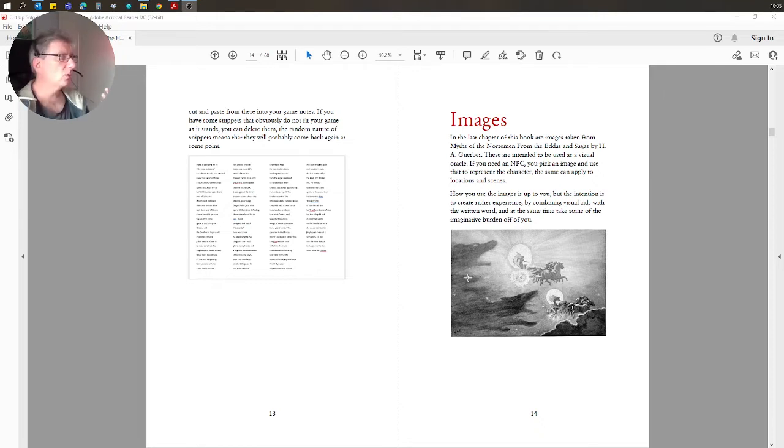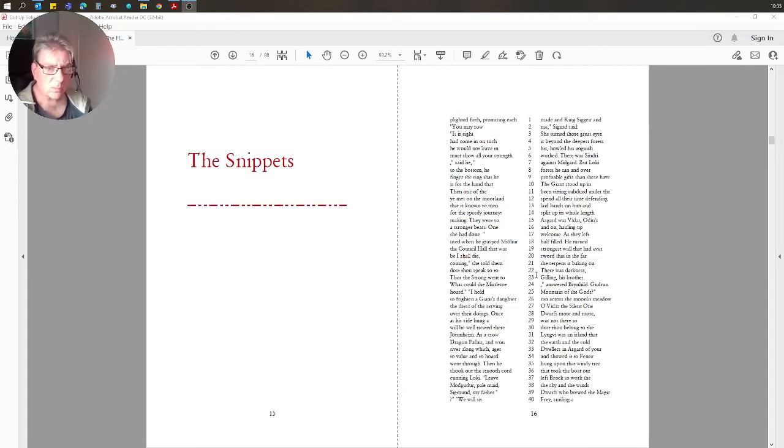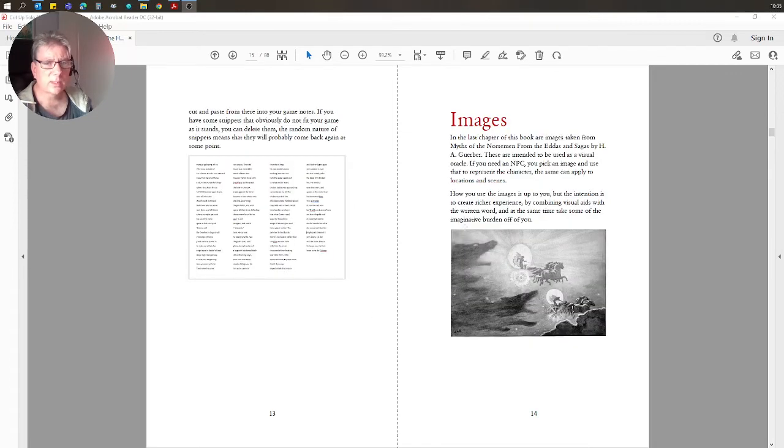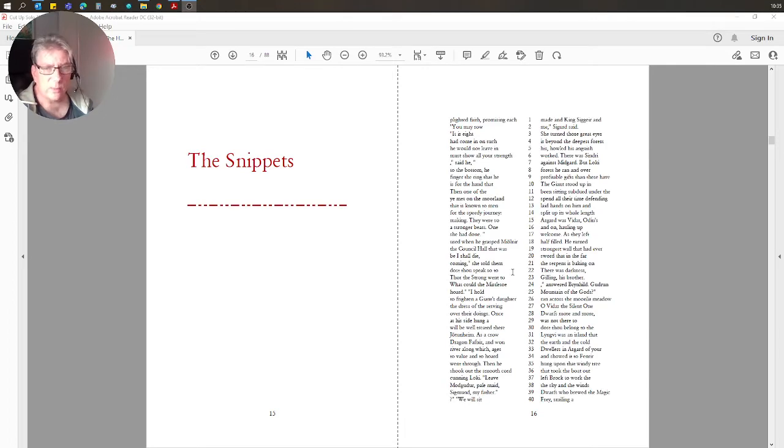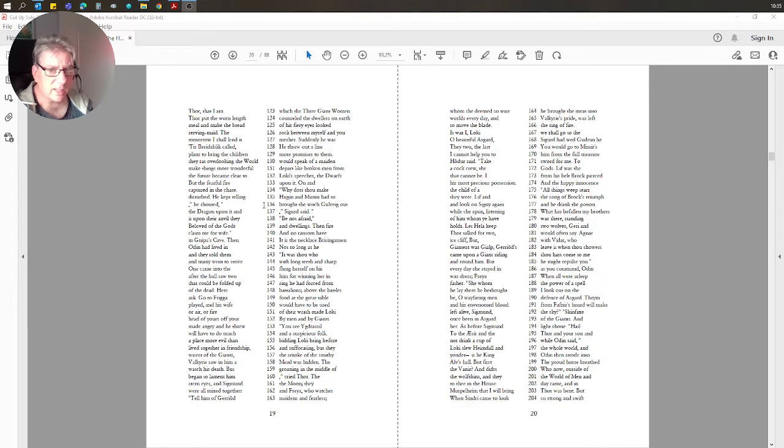Now, the books I was using to draw out the snippets: I compared half a dozen anthologies of Norse myths, legends and sagas, and they were all very well illustrated, so I pulled out the public domain images. That just says that you're in the final chapter of the book, where you'll find the images.